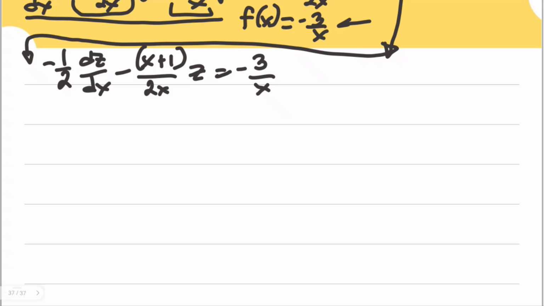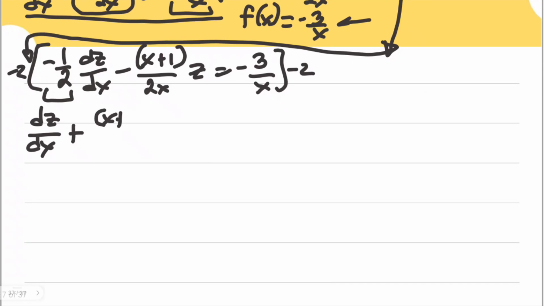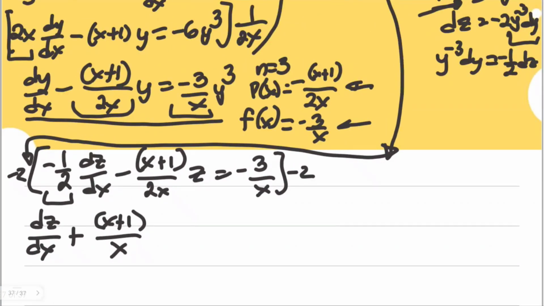We are not yet done with this because the standard form should contain only 1 here. So we'll be multiplying both sides by negative 2. This means we have dz over dx plus, you have 2 in here, cancel, so you have x plus 1 over x. That's positive now because we multiplied it with negative 2. And then the next part, sorry, let me check if it's really negative.